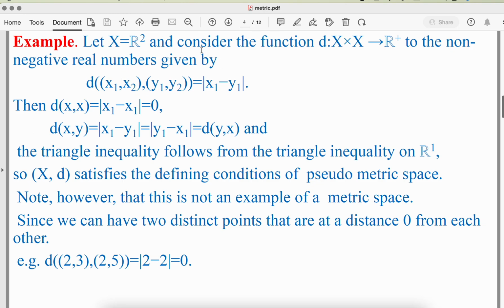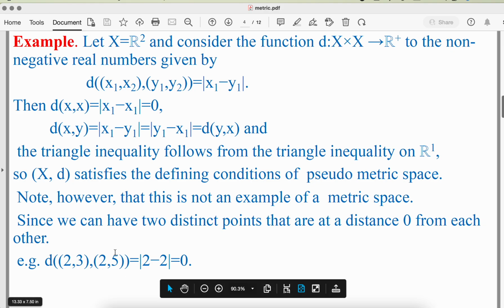However, this is not an example of a metric space, because if we consider any two points (2, 3) and (2, 5), which are ordered pairs in two-dimensional real space, then the distance between them, by this definition, is 2 minus 2, because it is x1 minus y1. So 2 minus 2 equals 0. So we have two distinct points, (2, 3) and (2, 5), but the distance between them is 0.